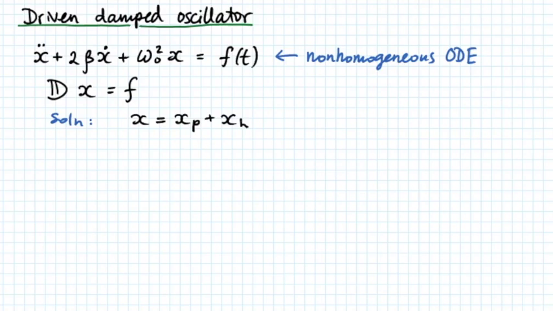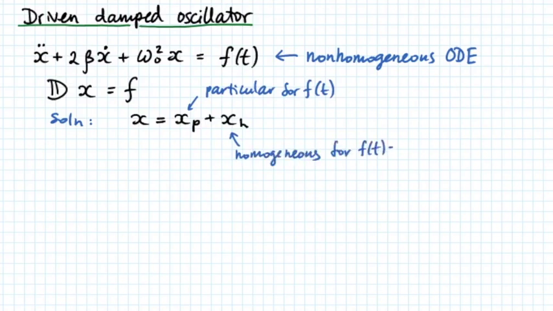Particular solution means particular for the given form of f of t. And homogeneous means when f of t is 0. This is known as the general solution.